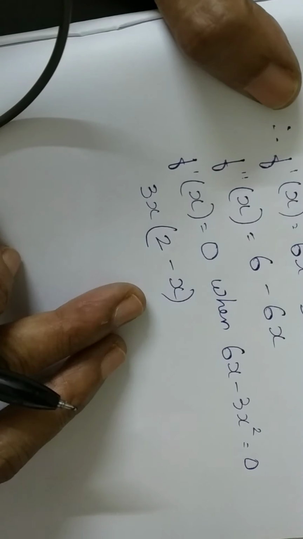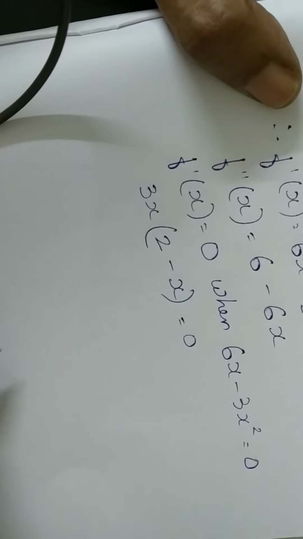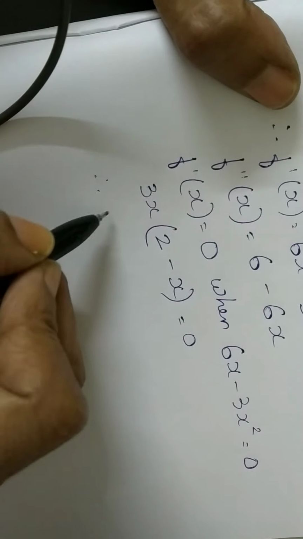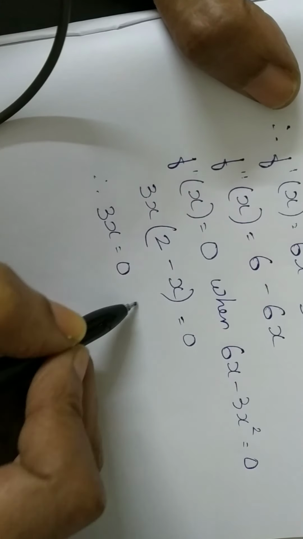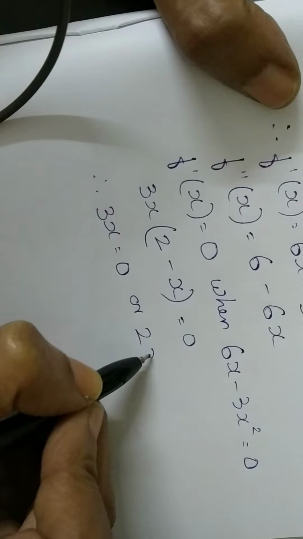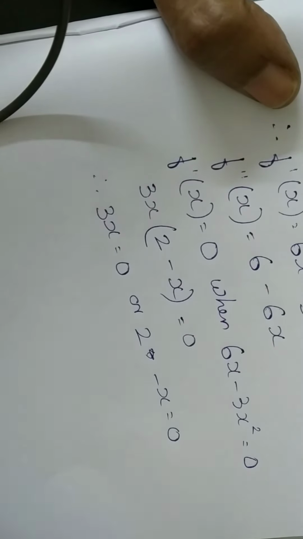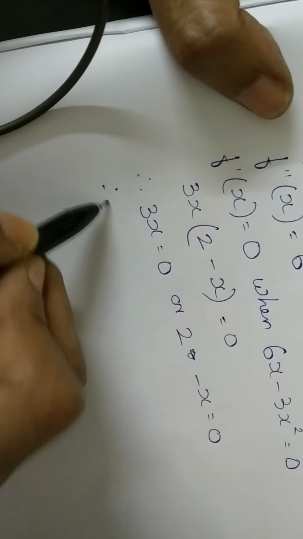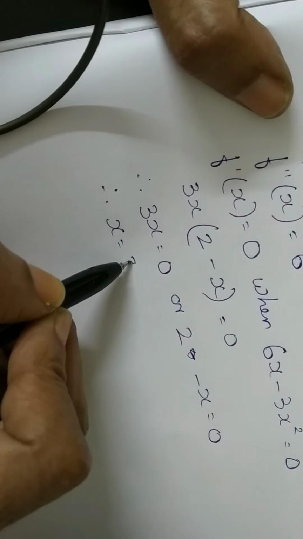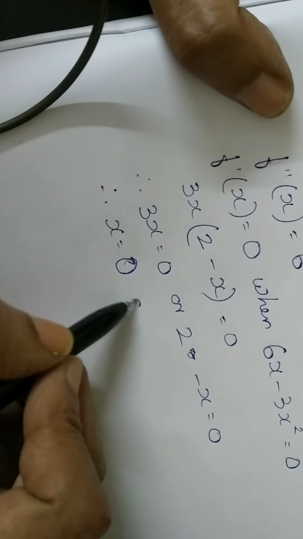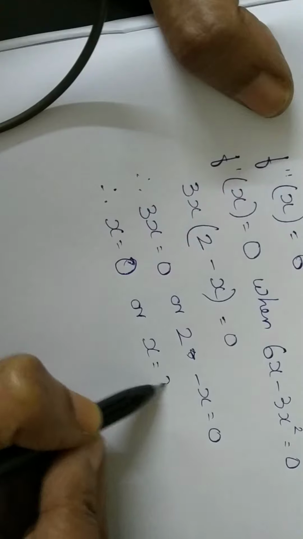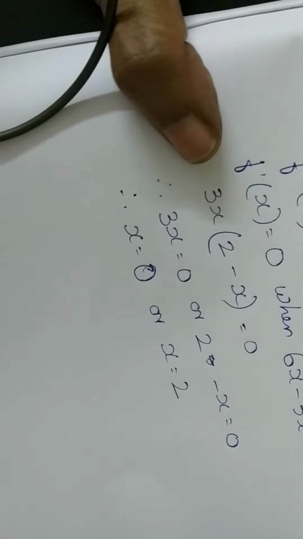Isn't it? Thus we get two solutions. Either 3x is equal to 0 or 2 minus x is equal to 0. So therefore, x is equal to 0 or x is equal to 2.